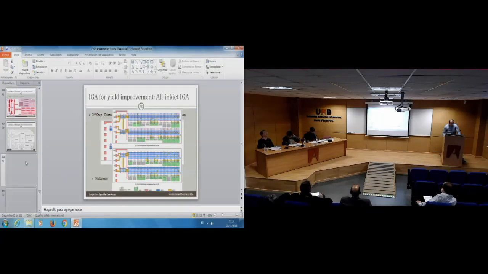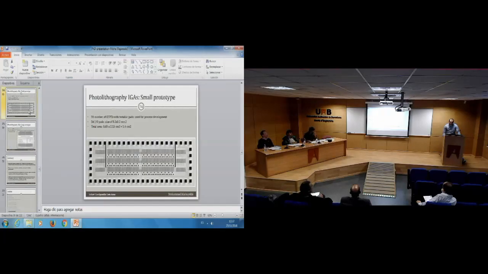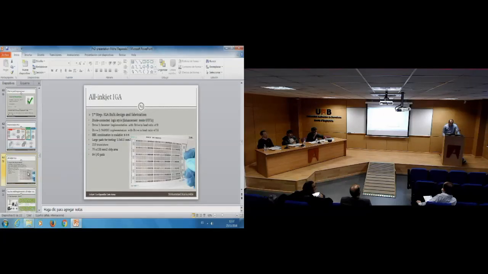Yeah, well, of course. Right. And this one, but as you see, the photolithography one is occupying 1.4 square centimeters, and the all-inkjet gate array is occupying 7.9 multiplied by 13 centimeters. So I think it is like 20 times bigger than the other one.